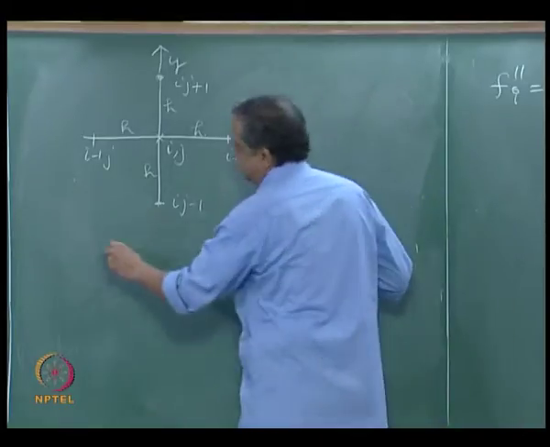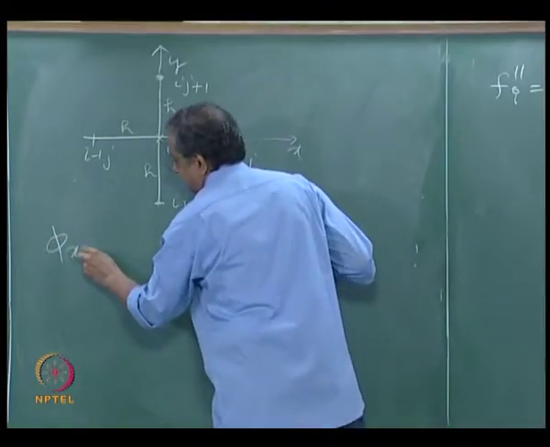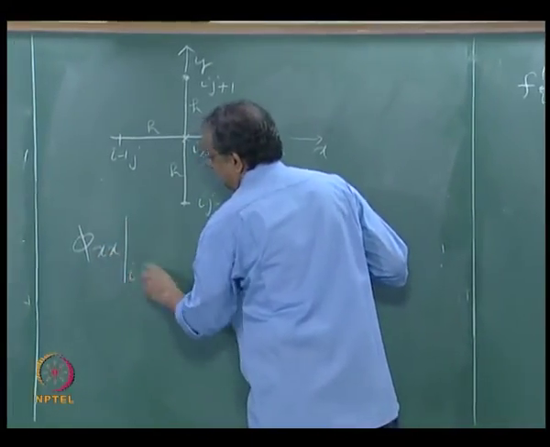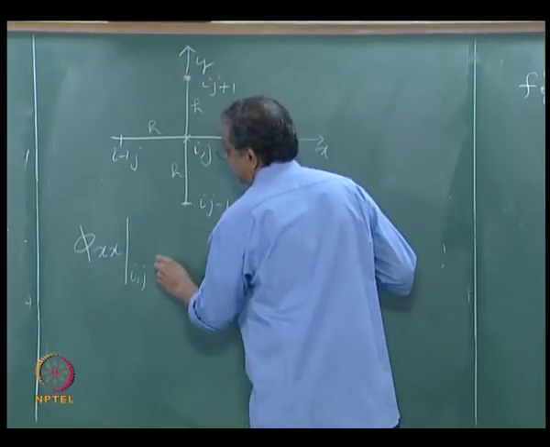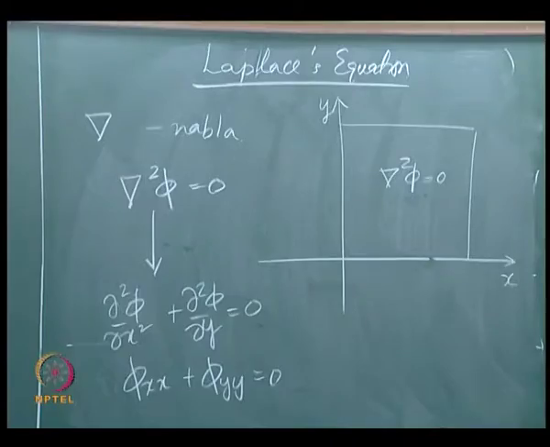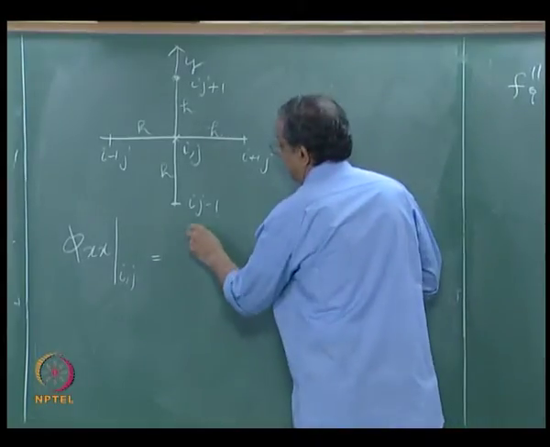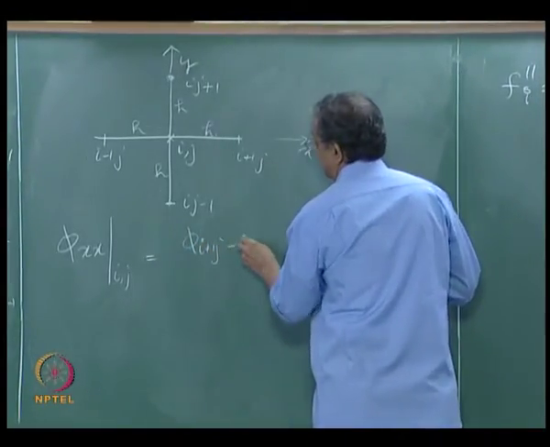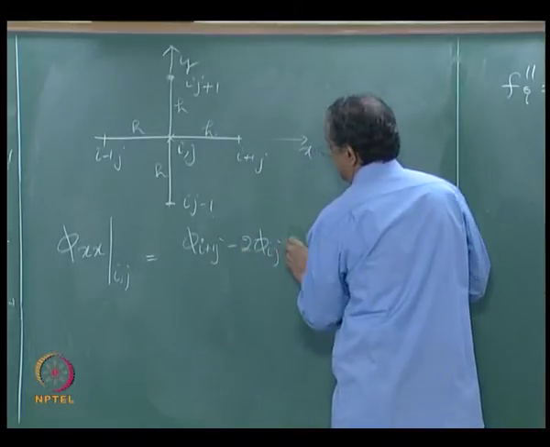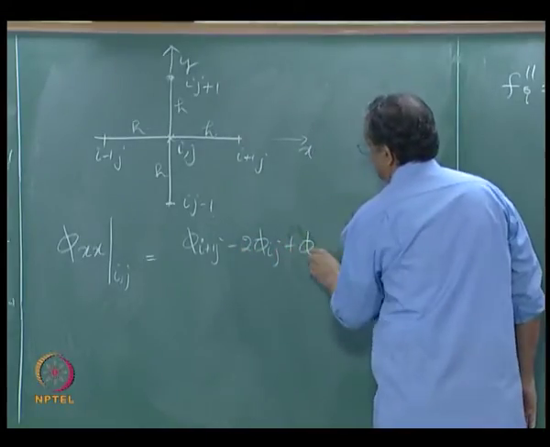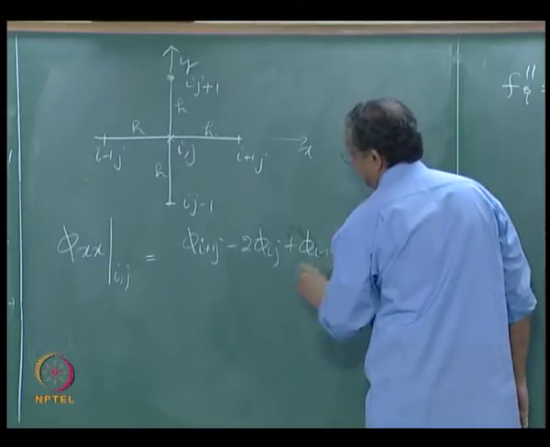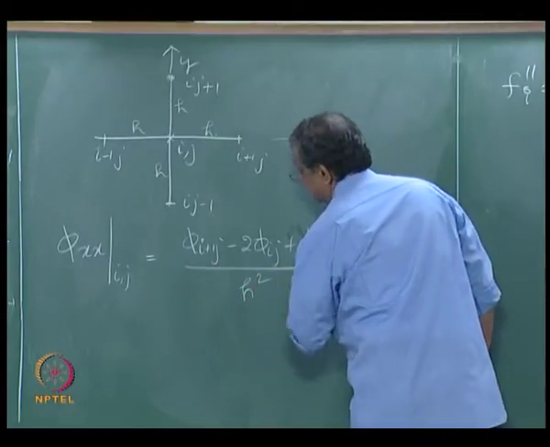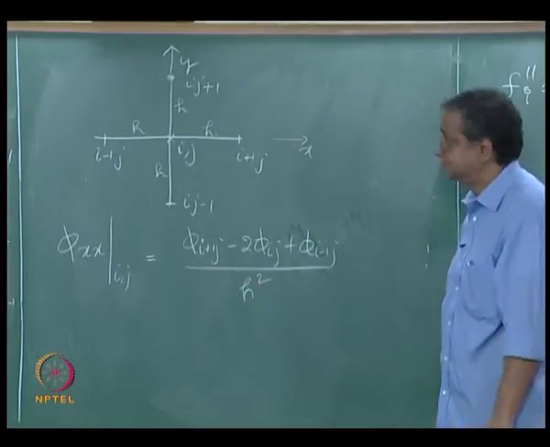So what is the first term at the point ij using the expression that we have just derived? It is phi i plus 1 j minus 2 phi i j plus phi i minus 1 j divided by h squared. Okay.